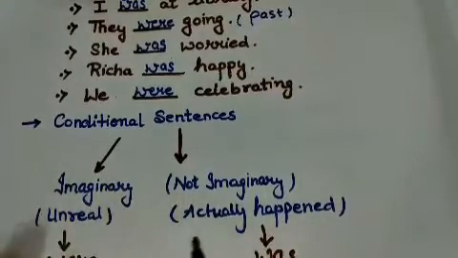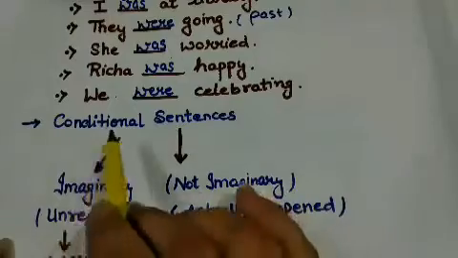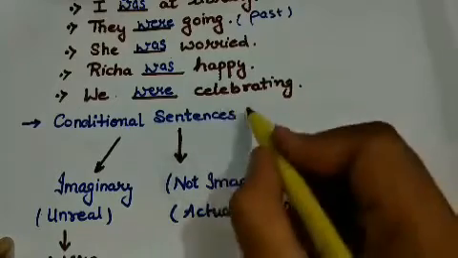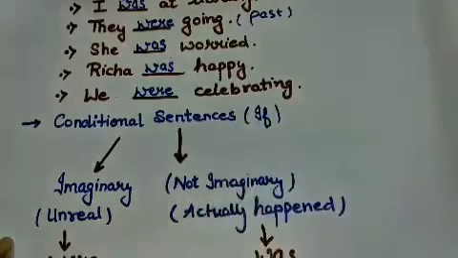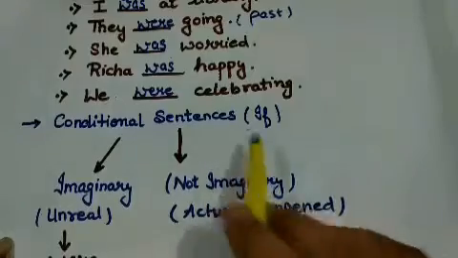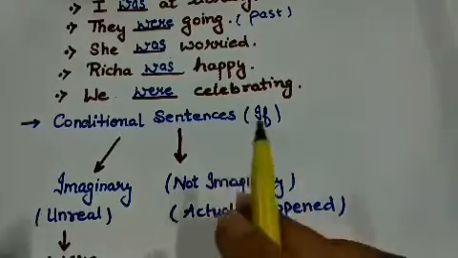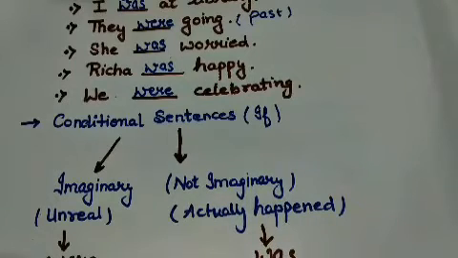Now, we also use was and were with conditional sentences. Conditional sentences means if some condition is there, we use was and were there. Now, how can we use was and were in case of conditional sentences?